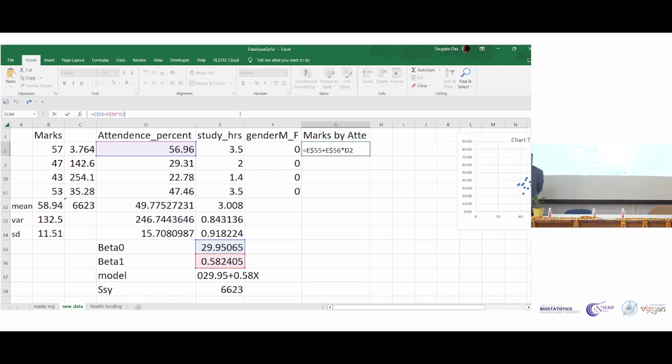Clear? So can we calculate the information available? Okay, let us drag all.